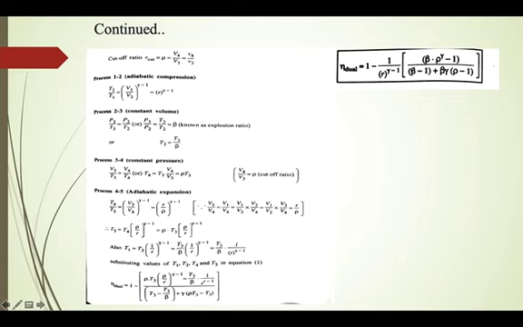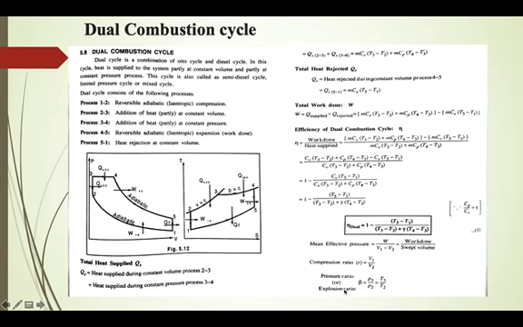Here the only additional term is beta. For the rest of the terms, r is the compression ratio, gamma is the index of adiabatic expansion, which for air is 1.4, rho is the cutoff ratio, and beta is the only additional term that we have defined here, that is the explosion ratio.